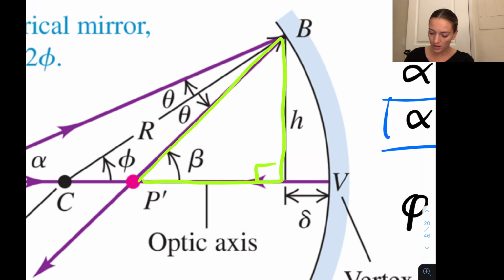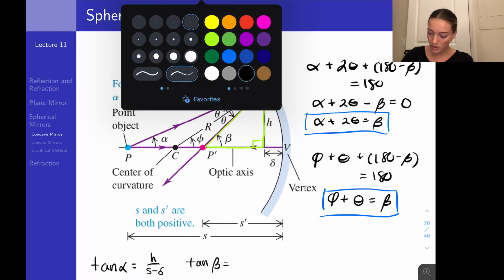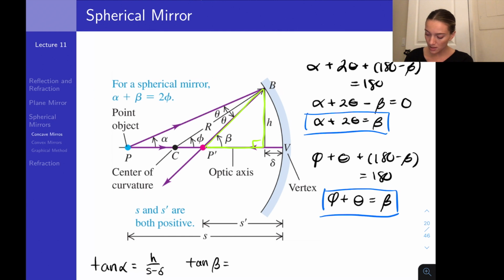So for this triangle, tan beta is going to be opposite over adjacent, so it's going to be h over, now from P prime, this is the image location, so from the image location to the vertex is s prime, that's the image distance, right? So s prime minus delta will just give me this adjacent side here. So tan beta is again h over s prime minus delta.